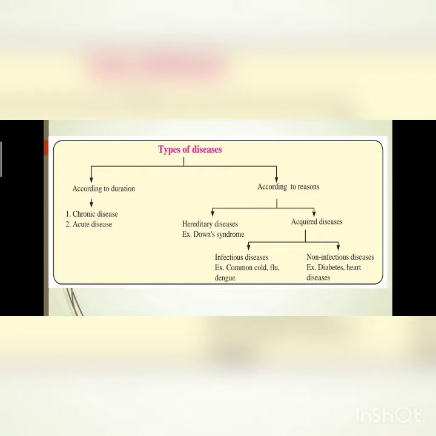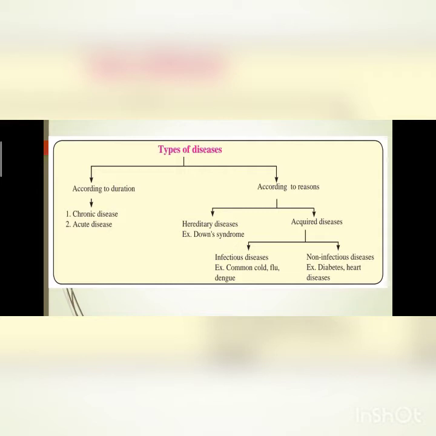According to reason, first, hereditary diseases. Particular characteristics transfer from parents to offspring, and few people suffer that particular disease. Example, Down syndrome.